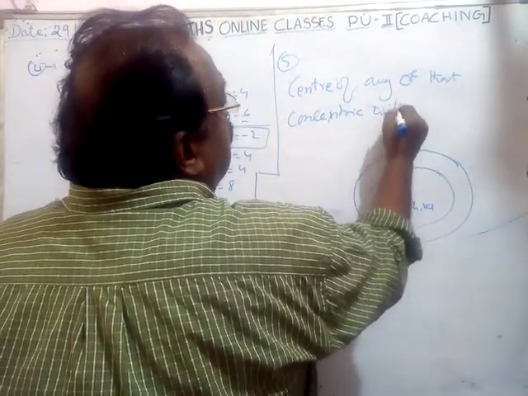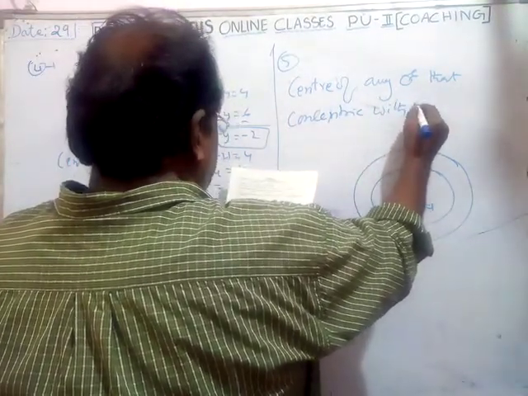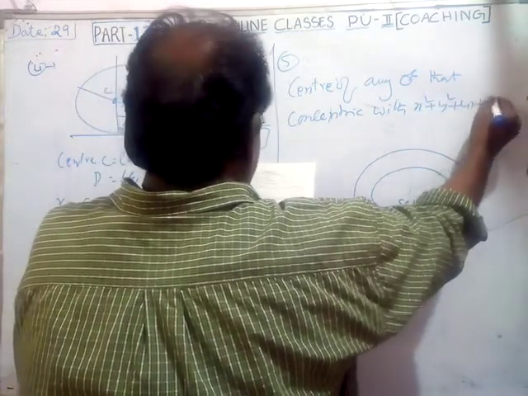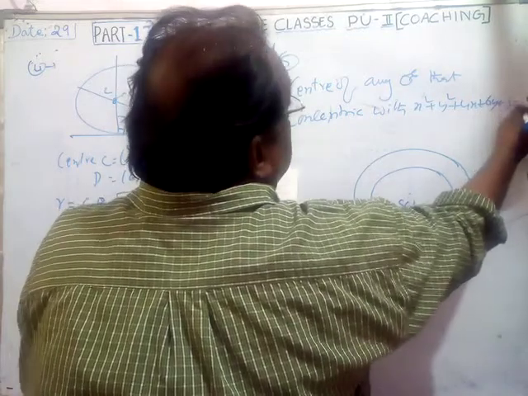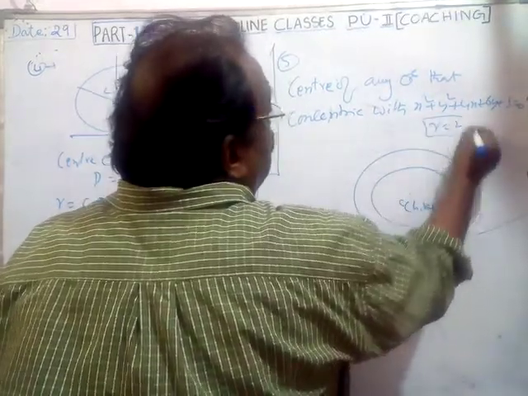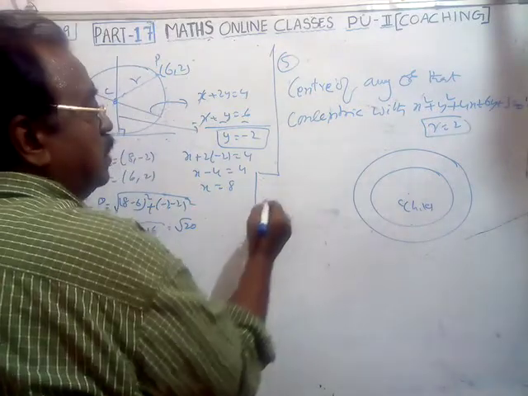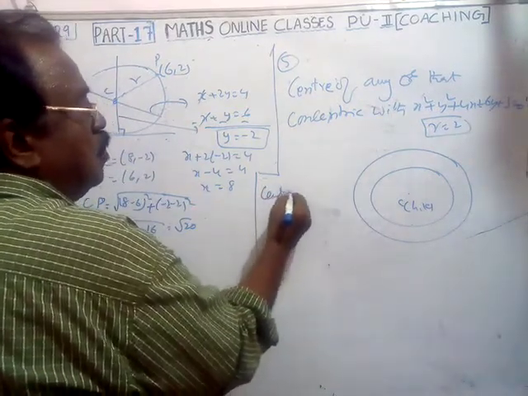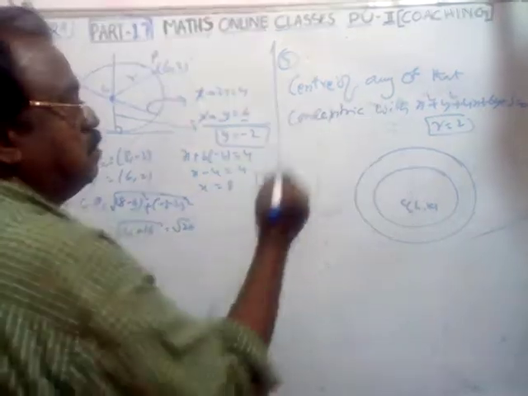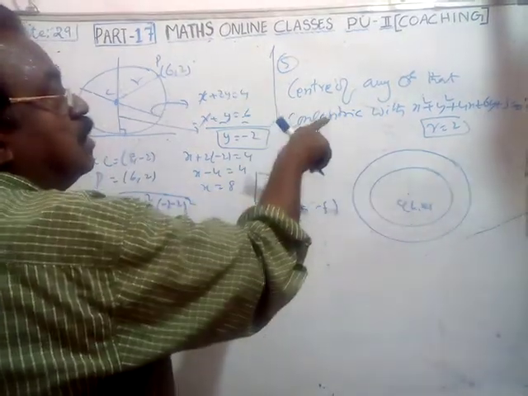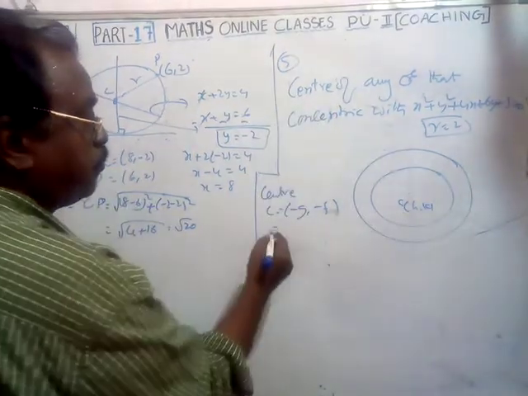The given circle is x square plus y square plus 4x plus 6y plus 3 is equal to 0, and r is equal to 2 also. So here we can understand the center. The center is common to the given circle and the required circle.